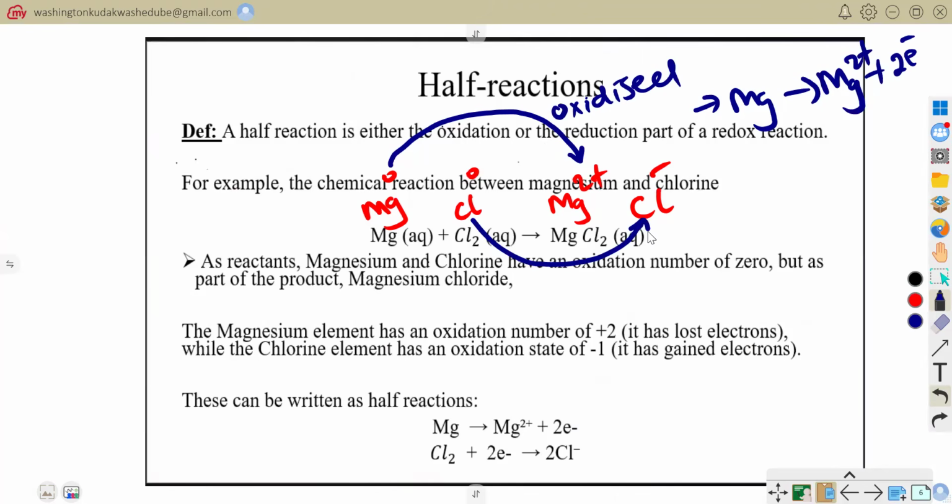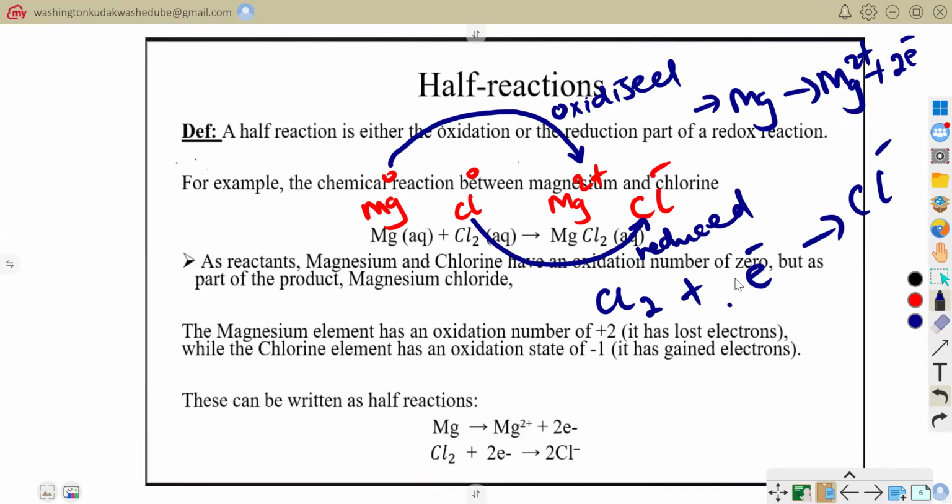Whilst for chlorine, we can simply see that its oxidation state is reduced. So we can write the reduction reaction. For chlorine to move from 0 to a negative, we need to receive electrons so that it can form chloride ions.